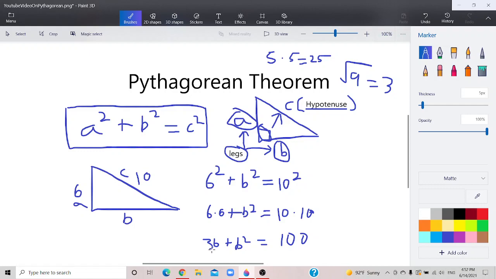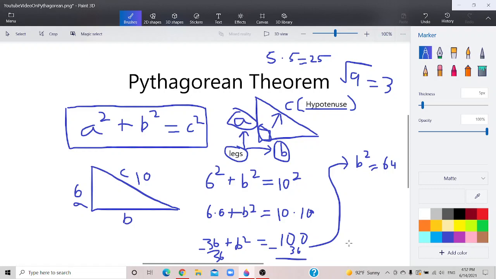Well, the way we could do that is we could subtract 36 from both sides to make it balanced, because when you do something to one side, you have to do it to the other side as well. So B squared equals 64, because 100 minus 36 equals 64.